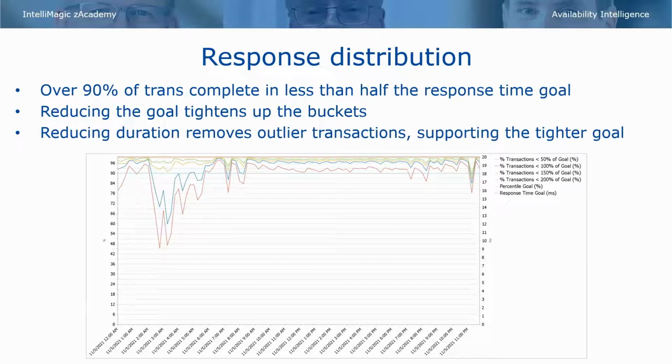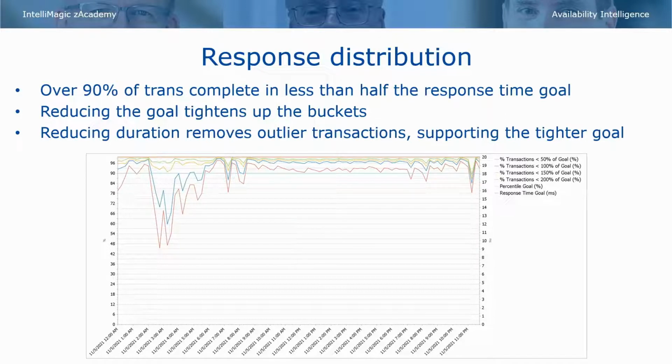The values will depend on what the chosen response time is for the goal. Now here we can see that over 90% of the transactions are completing in less than half the specified response time. That's this lowest orange line here that says percentage of transactions less than 50% of goal. It's actually 14 buckets, as I mentioned here.